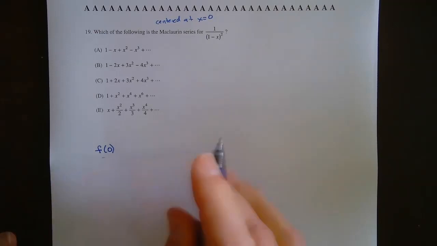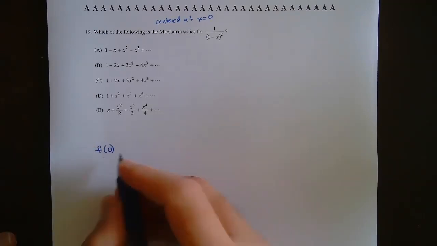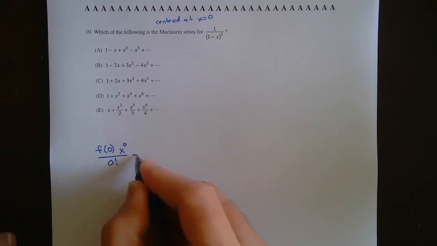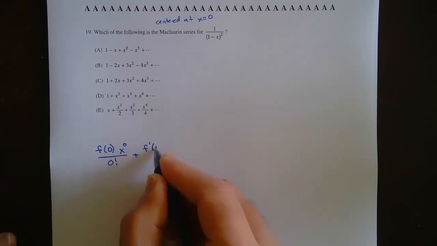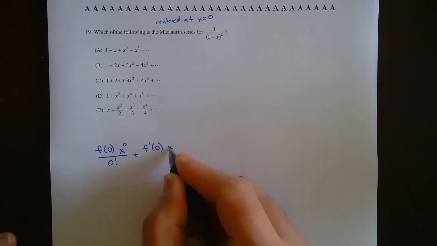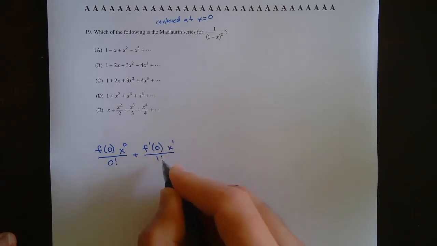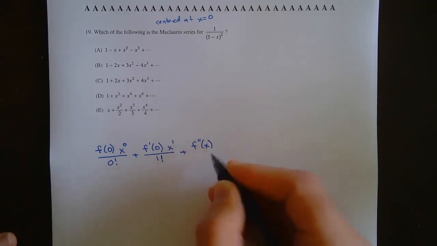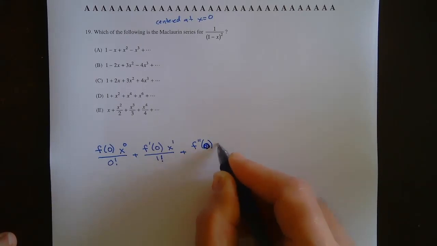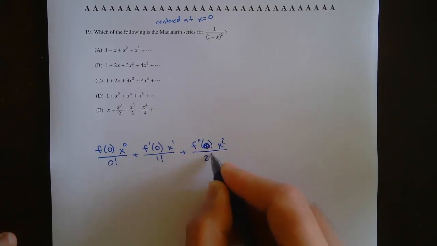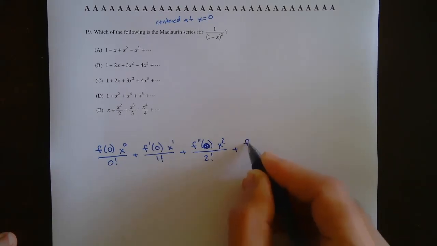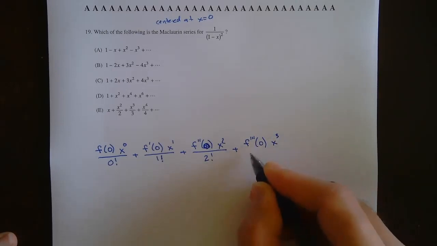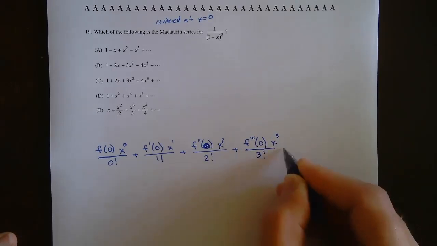So if you wrote that, because there's a pattern to this, right? Because this is the 0th derivative. So x to the 0 over 0 factorial, and then plus f prime of 0 times x to the first over 1 factorial, and then plus f double prime at 0 of x squared over 2 factorial plus f triple prime at 0, x cubed over 3 factorial, and then plus so on.